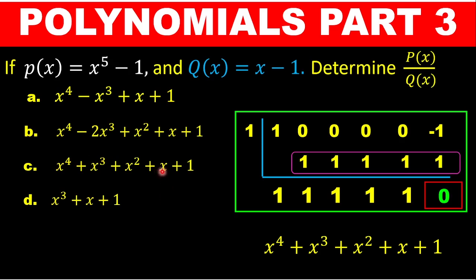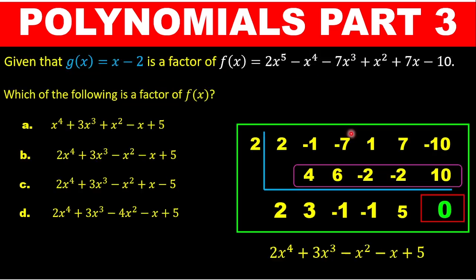Now we move on to the next presentation. Let's now move on and deal with it. So given that x minus 2 is a factor of f of x, which is equal to 2x to the power 5 minus x to the power 4 minus 7x cubed plus x squared plus 7x minus 10.